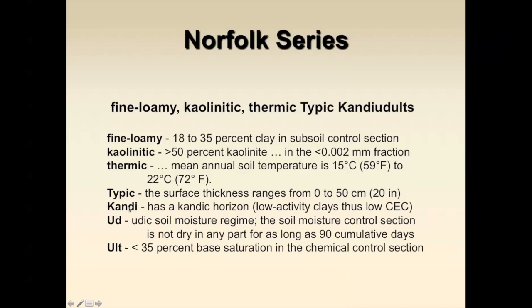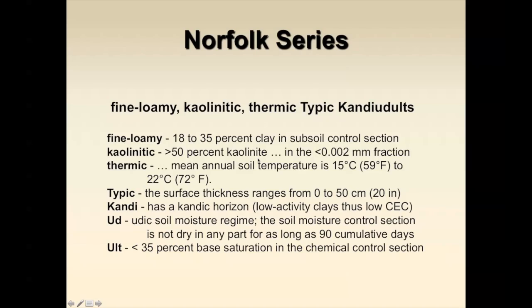It's typic, and in this case, the surface thickness ranges from 0 to 50 centimeters or 20 inches. So that's typical for what you would find in a Candy Udalt in this part of the world. It's thermic, meaning that the annual soil temperature is 15 degrees C to 22 degrees C. It's kaolinitic because it's greater than 50% kaolinite.